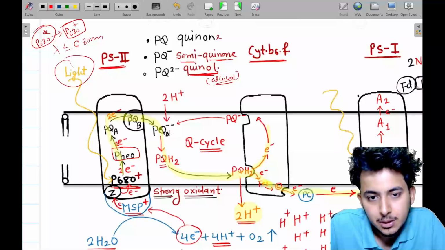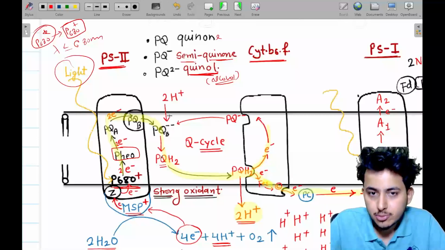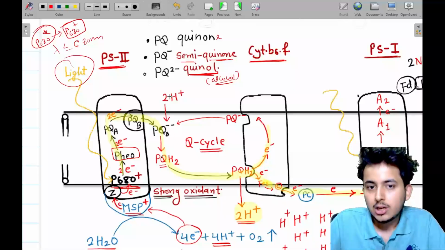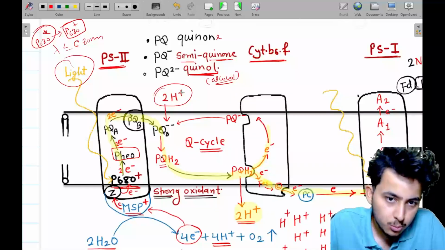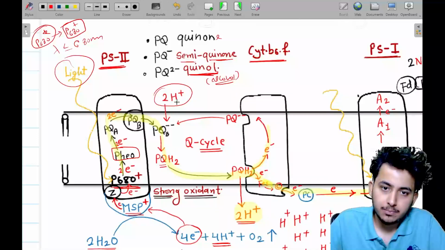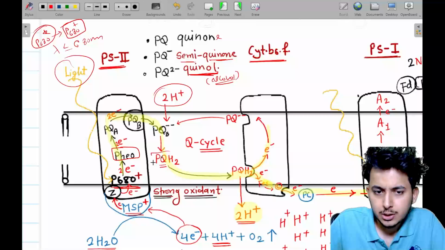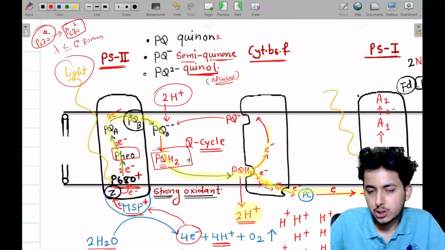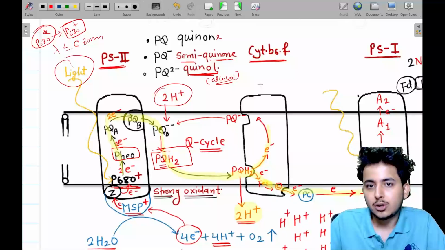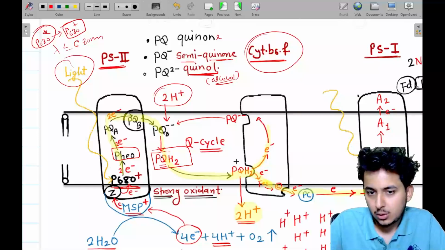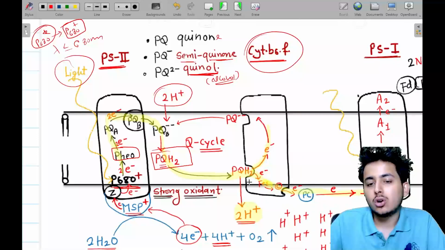So when PQB accepts two electrons, it becomes quinol. It accepts two protons from the stroma and converts into PQH2. This PQH2 reaches the cytochrome b6f complex, and there it gets oxidized.